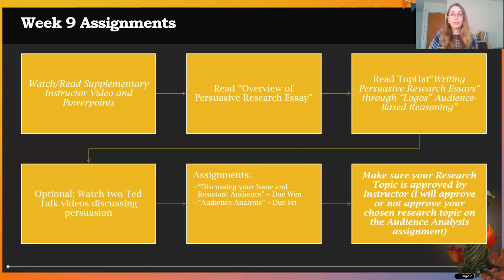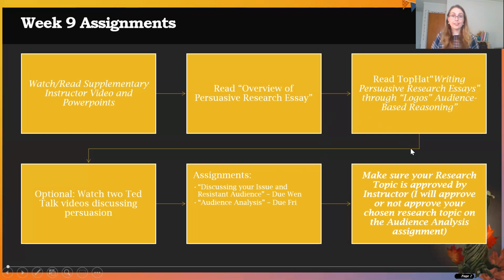This is a brainstorming activity to help you develop with your peers what kind of topics you might like to discuss in your essays, which ones are too controversial, which ones are just controversial enough, and what kind of resistant or skeptical audiences you might choose to try to persuade in this essay. The second assignment you have this week is the audience analysis. This is due Friday. And then finally, make sure your research topic is approved by me.